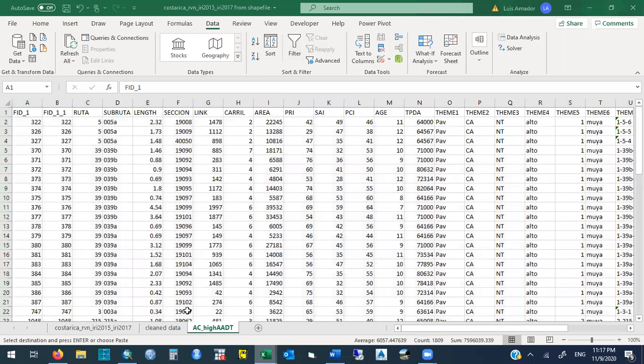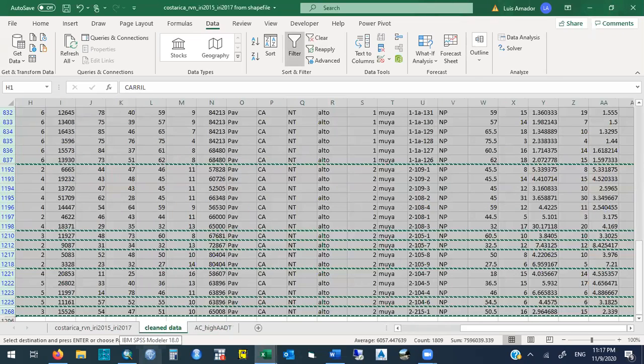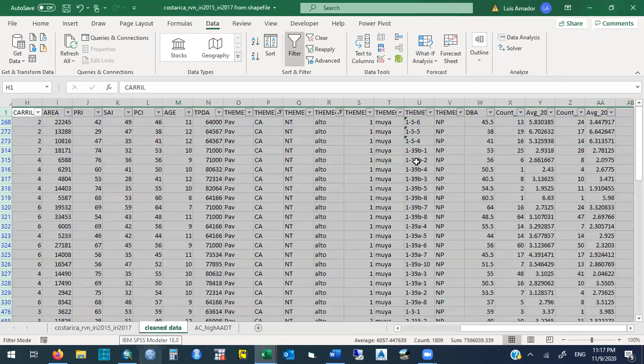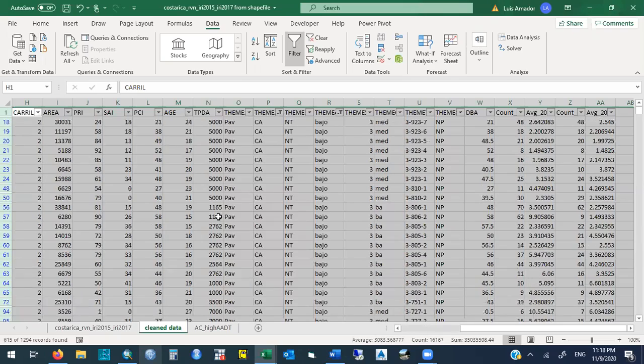This, I'm gonna get rid of that. Okay, so let's go back here. And now let's take low traffic intensity.